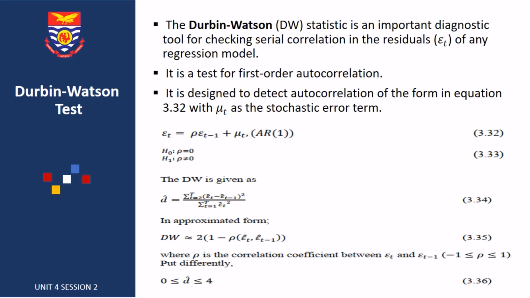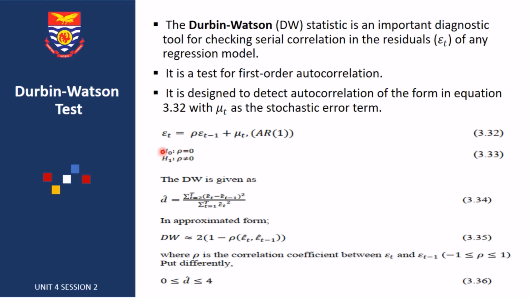Unlike other tests like the Breusch-Godfrey or the Ljung-Box test, among others, here we are only testing for the existence of first order autocorrelation. It is designed to detect autocorrelation of the form in equation 3.32. This is our residual and this is our stochastic error term.